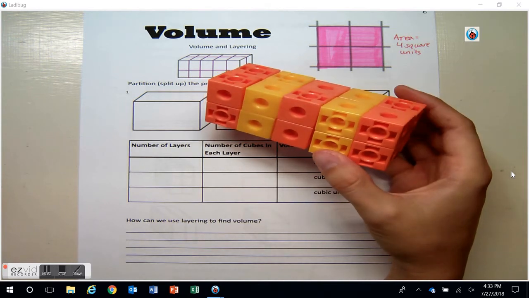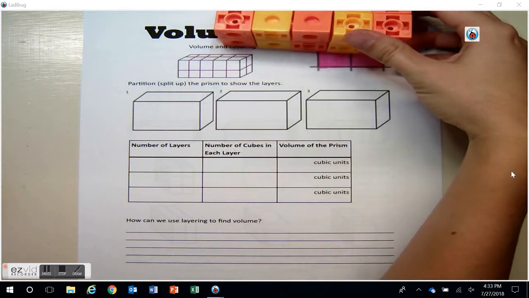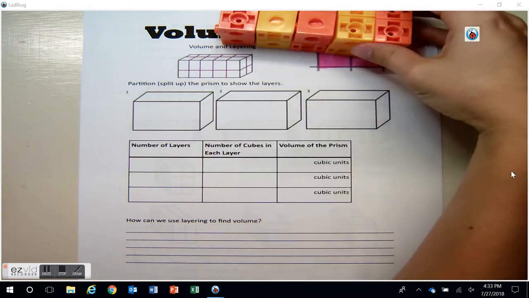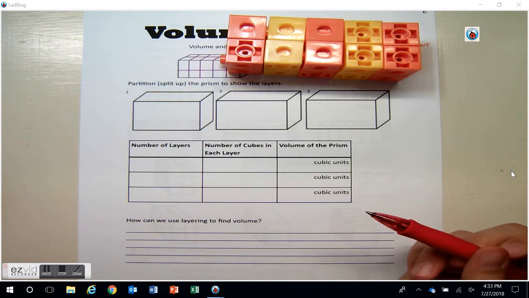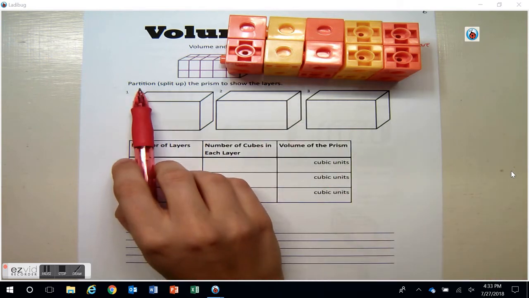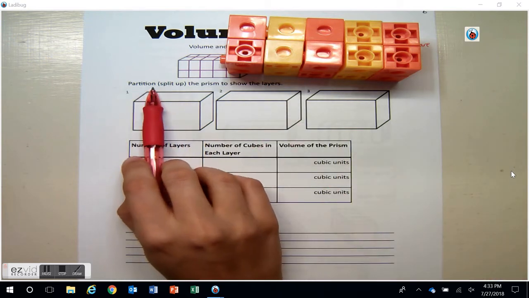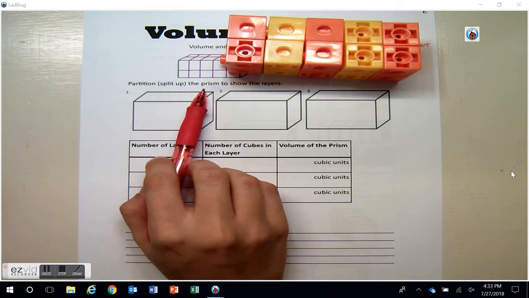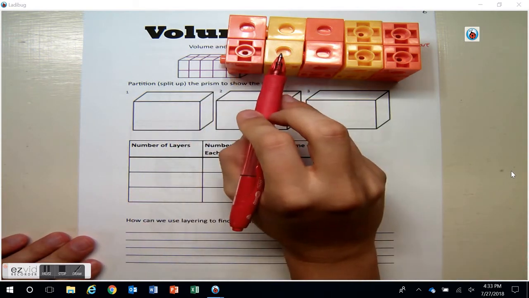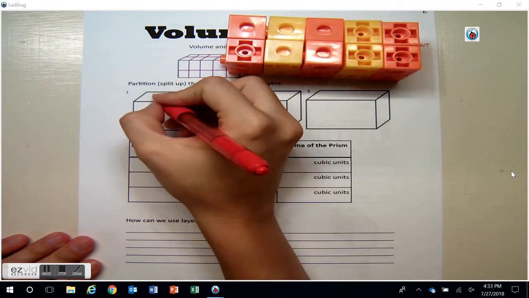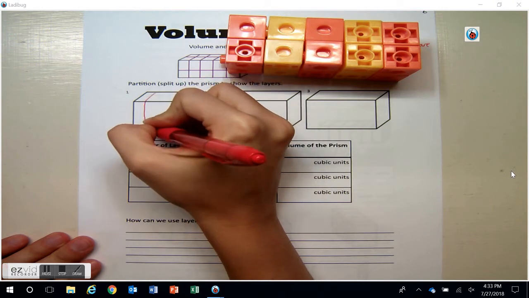Let's go ahead and show these layers for this prism in our first rectangular prism drawing. We're going to show how we split it up or how we partitioned it into those layers. So we need to draw 1, 2, 3, 4, 5 layers.